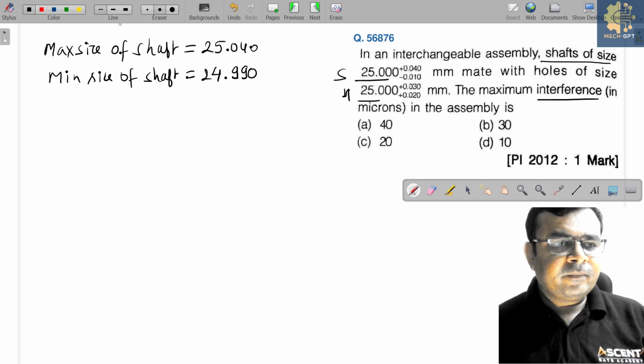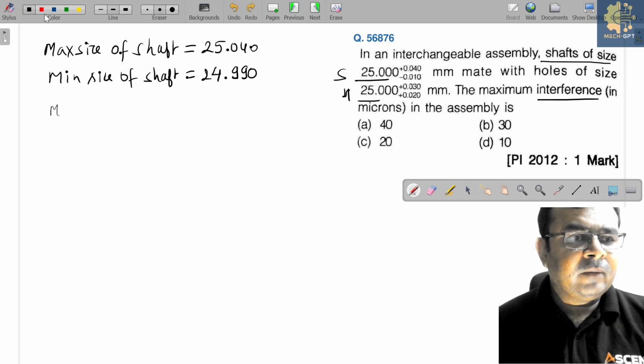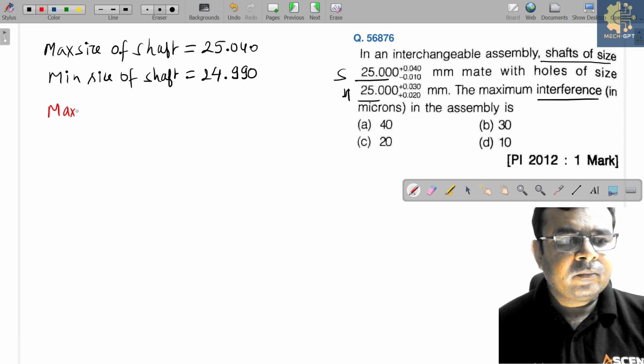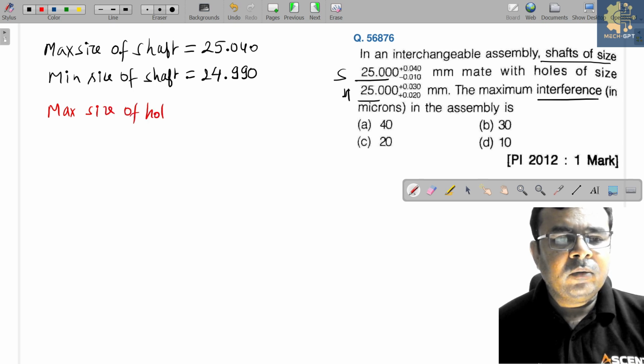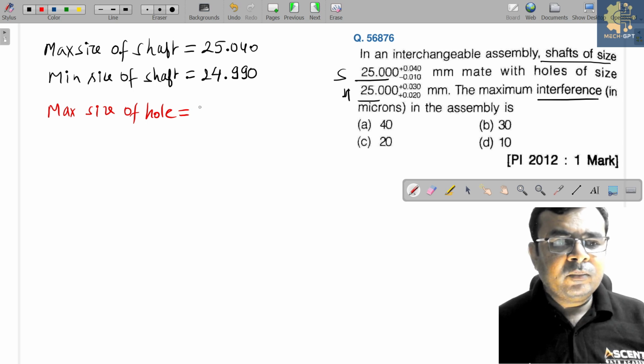Is that clear? And similarly, for the hole, the maximum size of the hole is equal to 25.030.